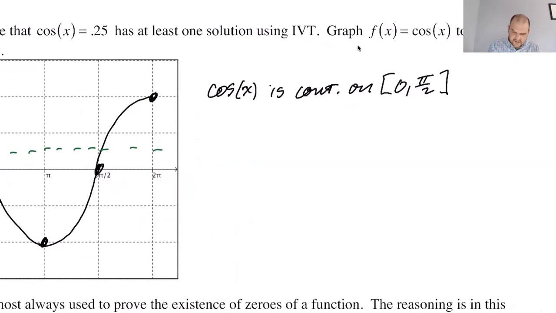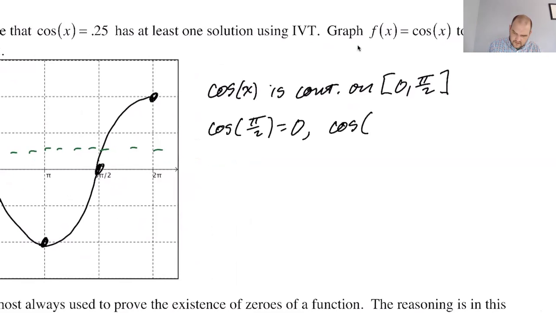It's continuous on this interval. The cosine of pi over 2 equals 0, and the cosine of 0 equals 1.